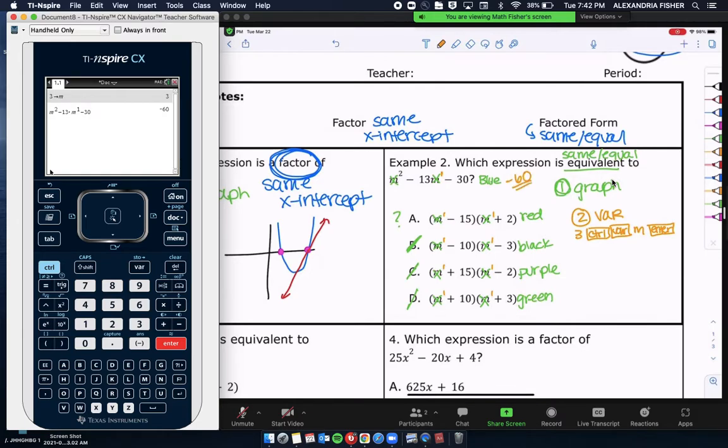So if I check A, it's going to be m1 minus 15 parentheses m1 plus 2, enter, and that gave me negative 60. So either way you do it, you're going to get the same answer. It's just what you feel more comfortable with.